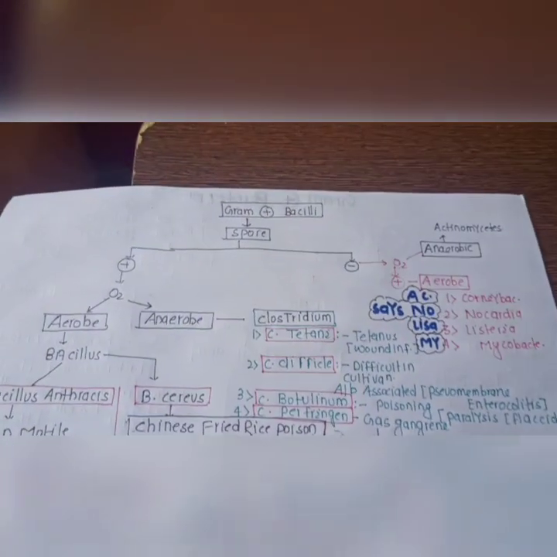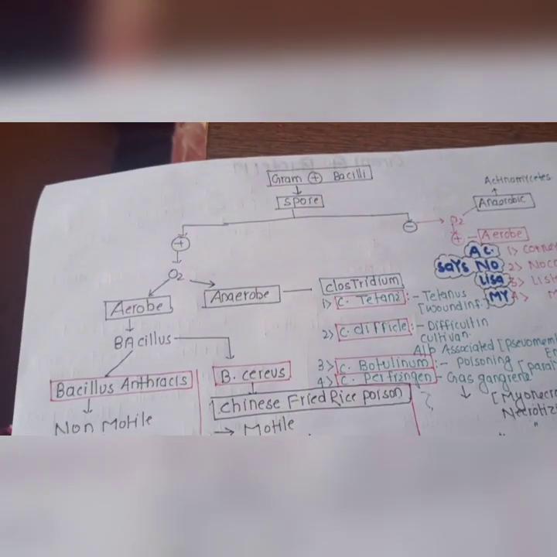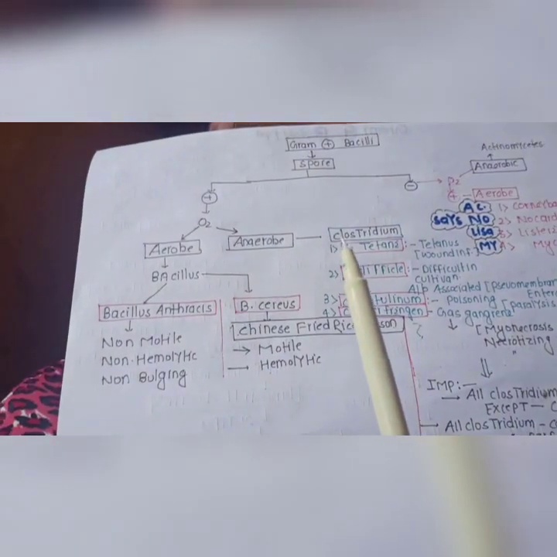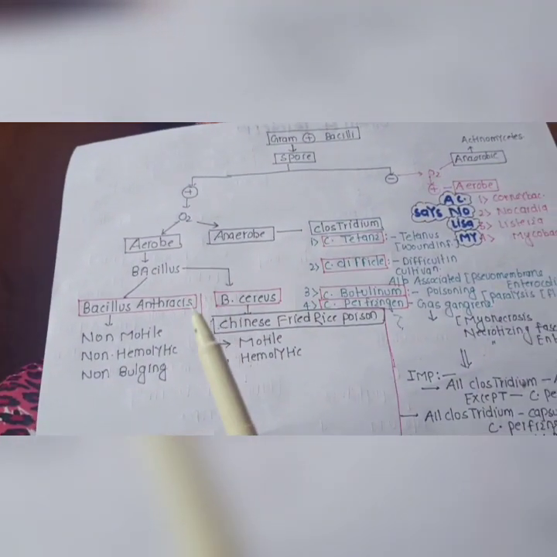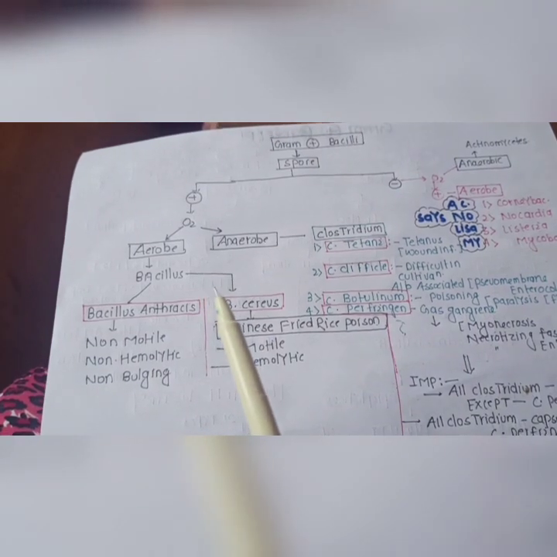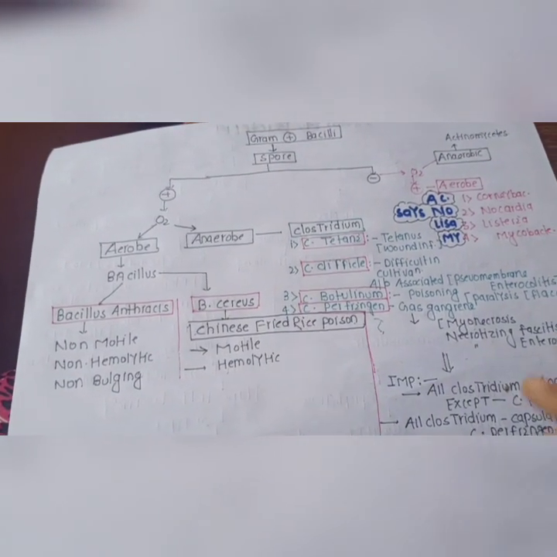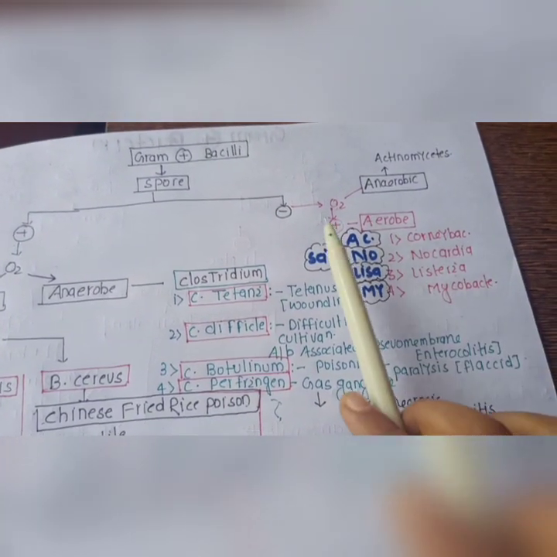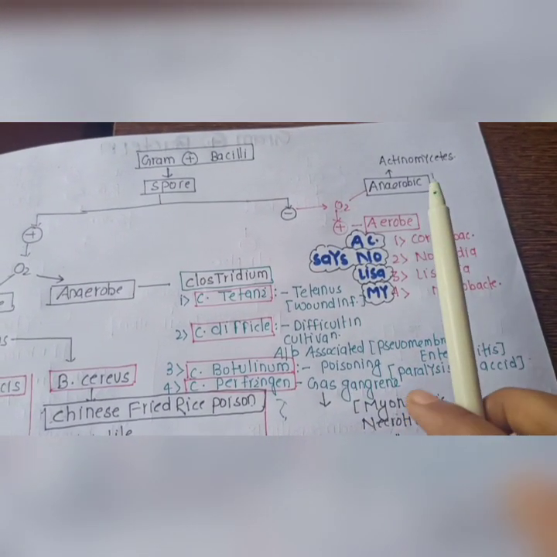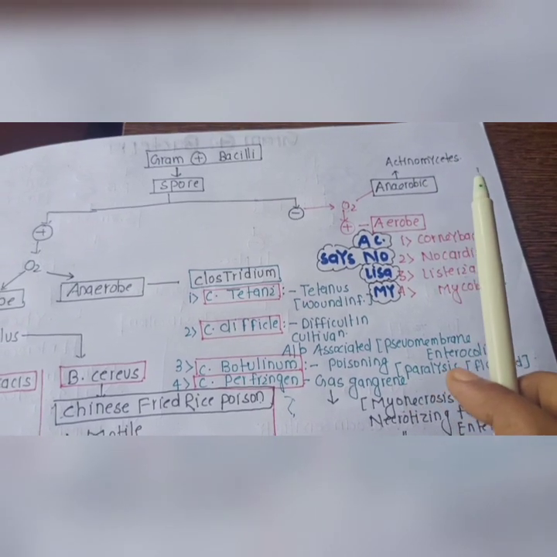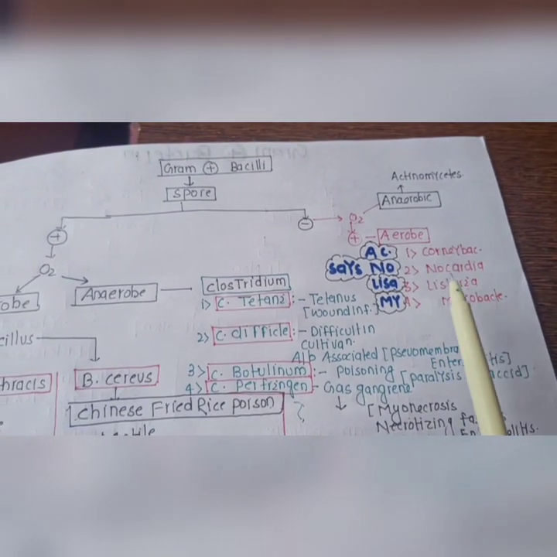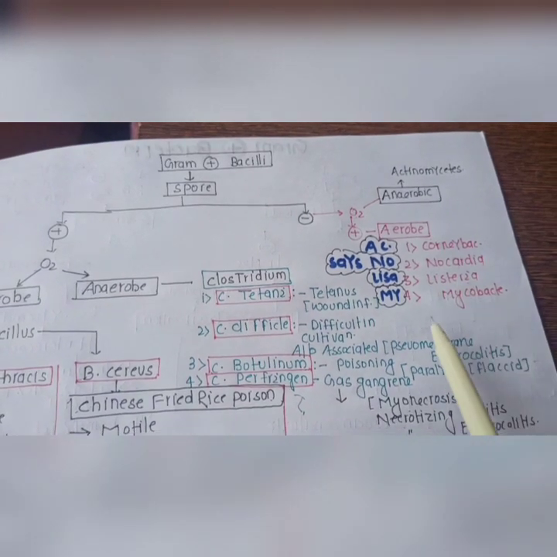So this is the example of spore-forming gram-positive bacilli, according to oxygen requirement, aerobic and anaerobic. Then non-spore forming, aerobic and anaerobic. Non-spore-forming anaerobic is only one group, Actinomyces, and aerobic are Corynebacterium, Nocardia, Listeria, Mycobacteria.